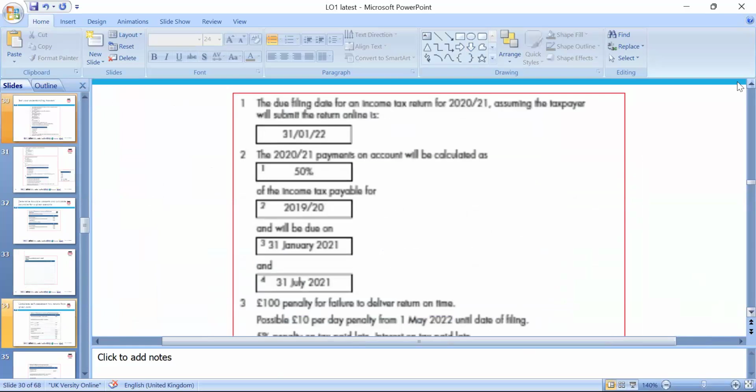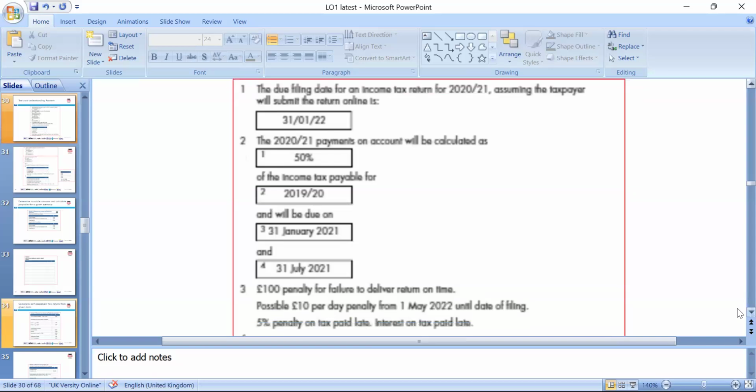According to this example, on the 31st January, the payment on account will be calculated as 50%. The income tax is payable 31st January 2019, and there are £100 penalties if you don't do the return by the 31st January.